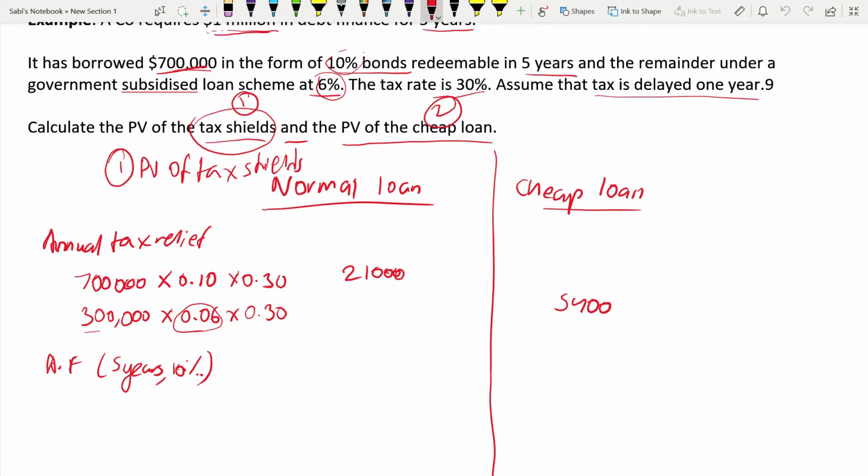Here you can assume; you can use 6% for the cheap loan, but for the normal loan use 10%.